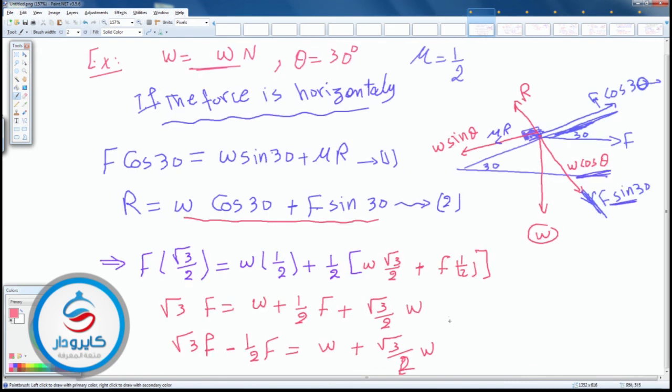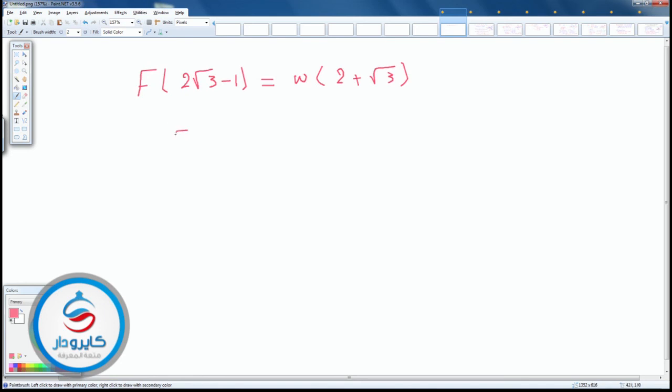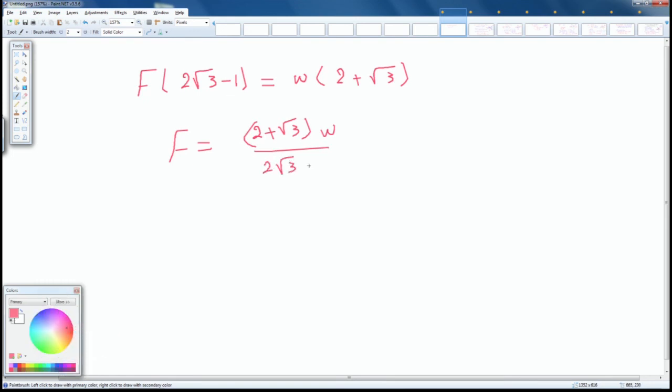If we multiply this equation by 2, we get F times 2 root 3 minus 1 equals W times 2 plus root 3, then F equals 2 plus root 3 W over 2 root 3 minus 1.